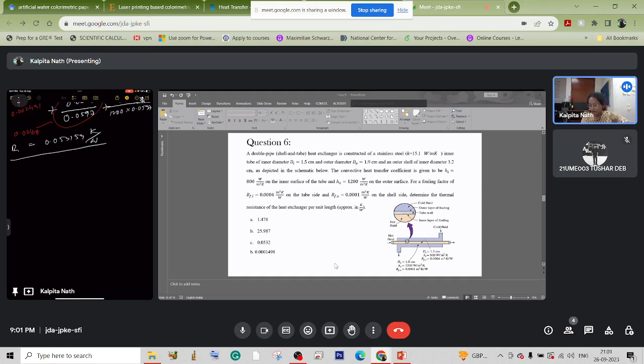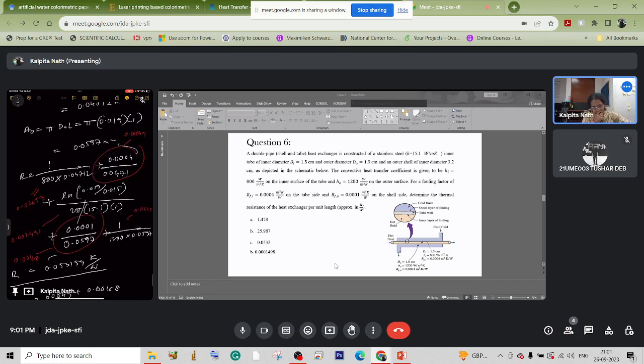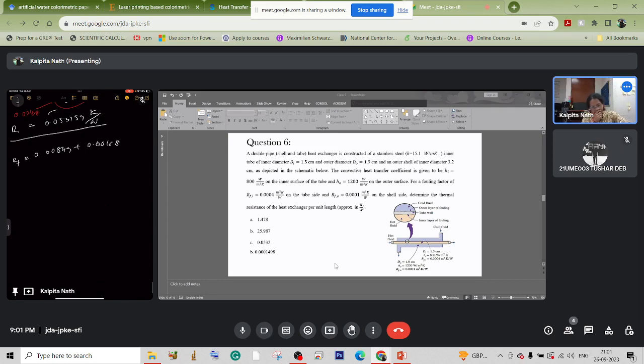So the resistance due to fouling is 0.00849 plus 0.00168, upon the total resistance 0.053154. We are just trying to calculate the resistance offered by the different parts relative to the total resistance. So this will come out to be 19.13%.